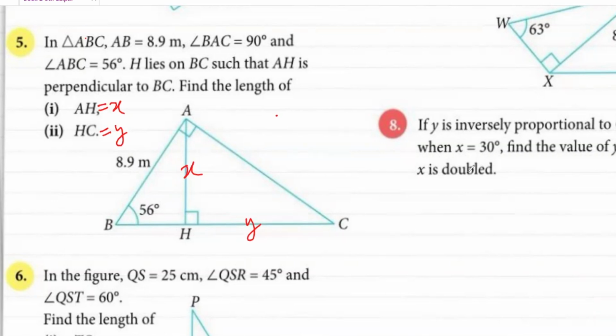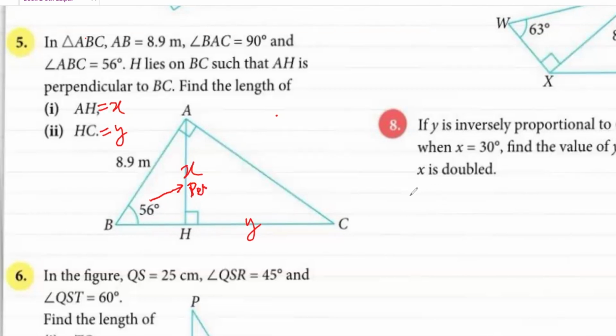Okay. In the triangle ABH, we have to find out the side AH. AH side, which I am naming as X, this side will be perpendicular because the side against the given angle is called perpendicular because I am considering angle B.